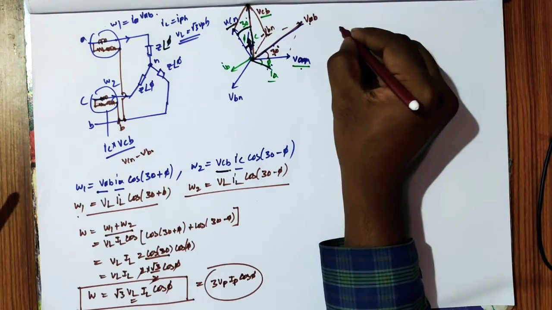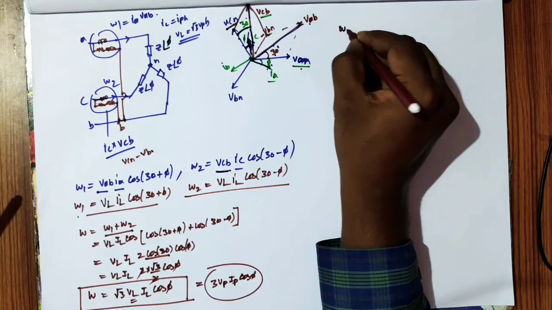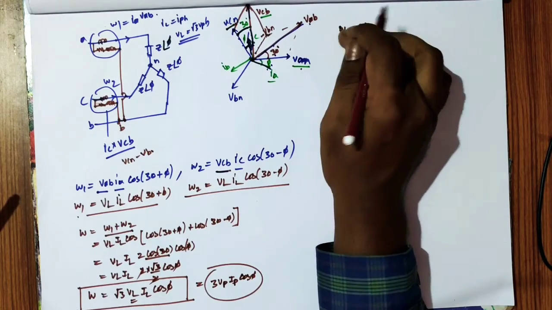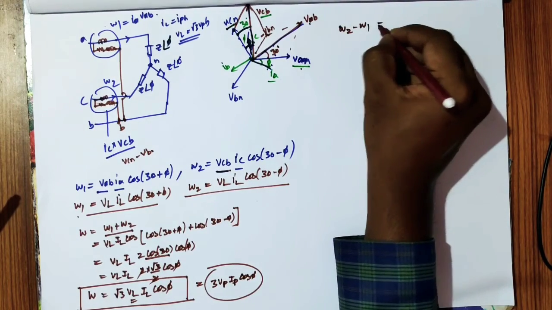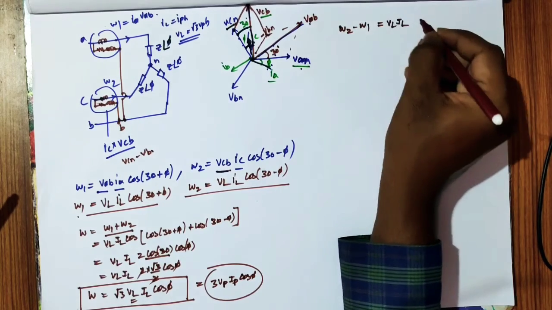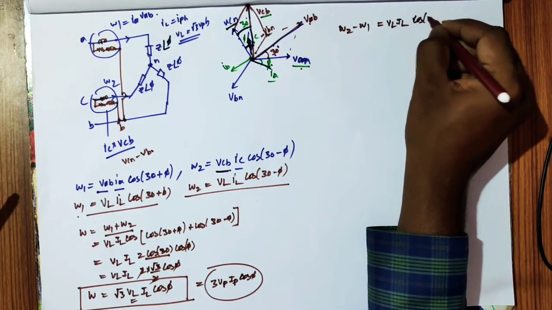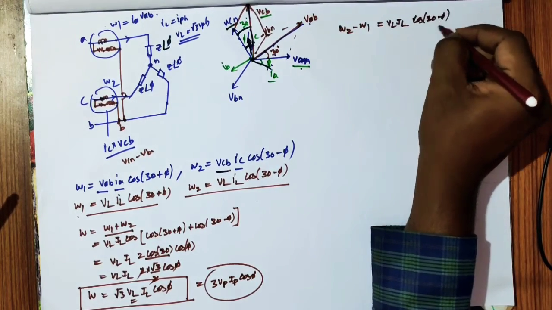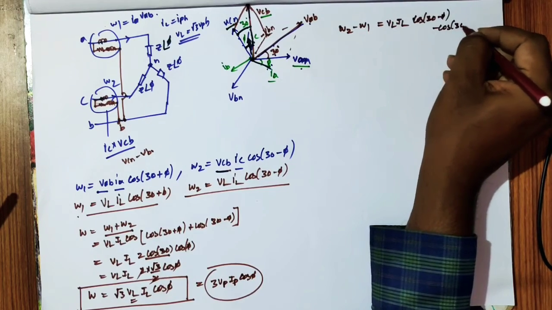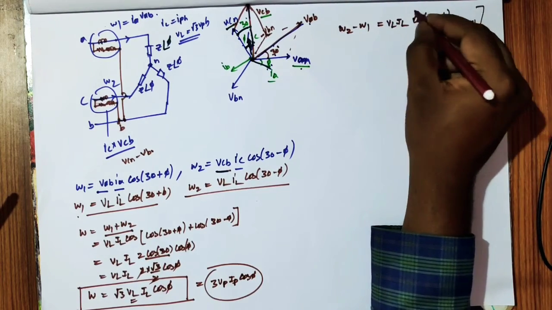We have another thing: if you take W2 minus W1, you obtain VL IL times cos of 30 minus phi minus cos of 30 plus phi. Agree with me?